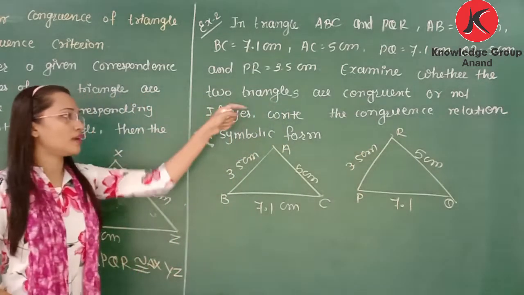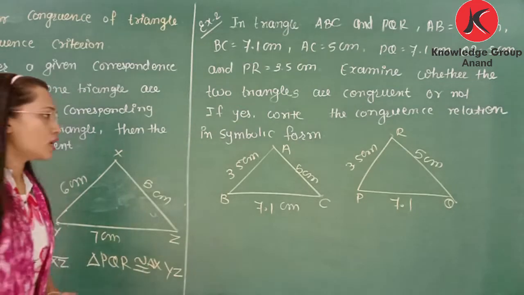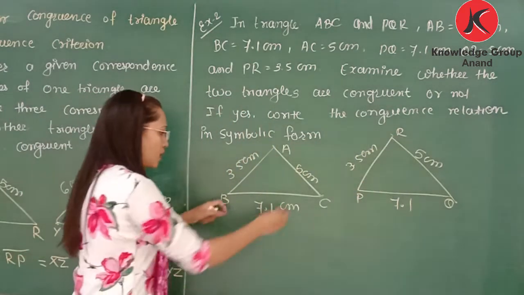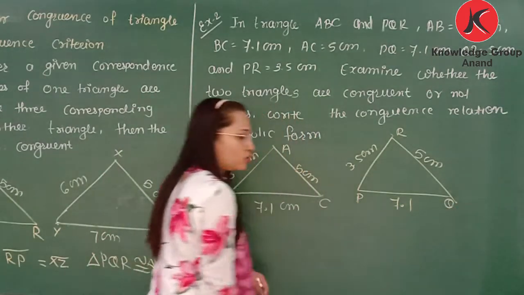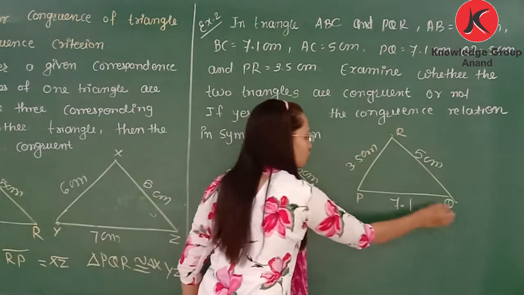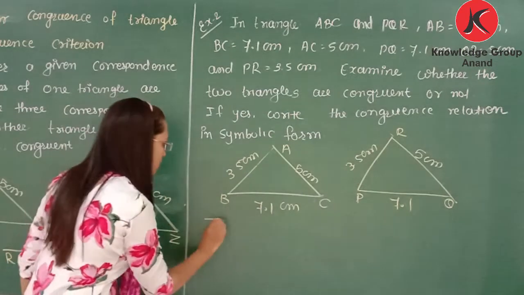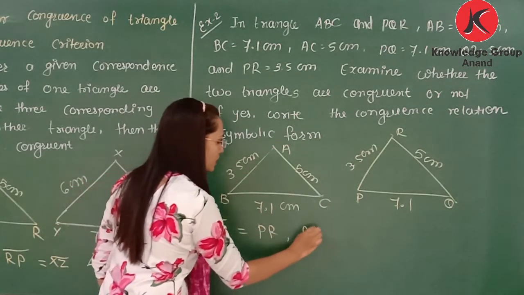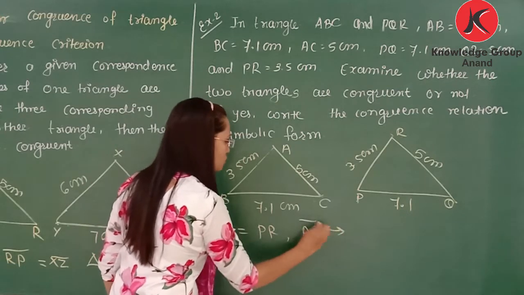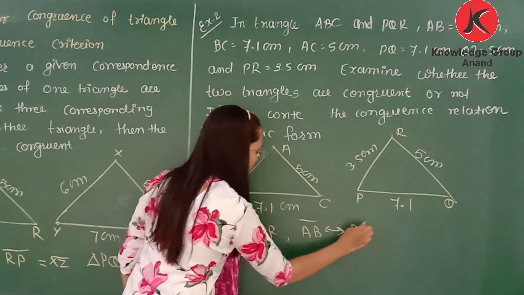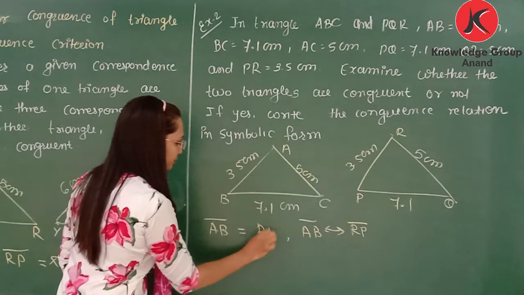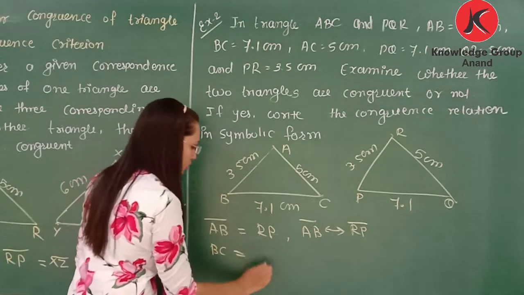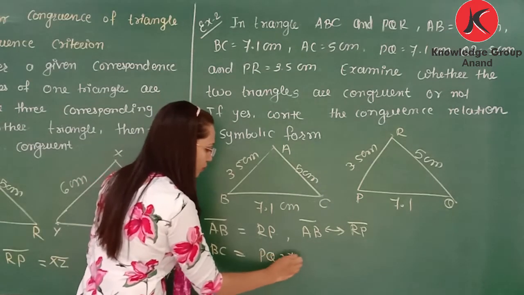Examine whether the two triangles are congruent or not. Here AB is equal to RP, BC is equal to PQ and AC is equal to QR. So we can write AB corresponds to RP. Now BC is equal to PQ, that is 7.1 cm.